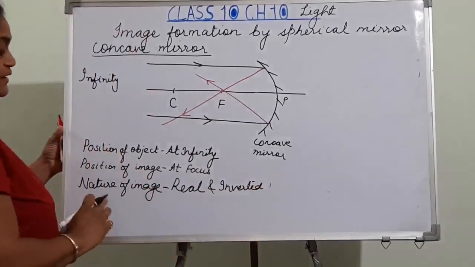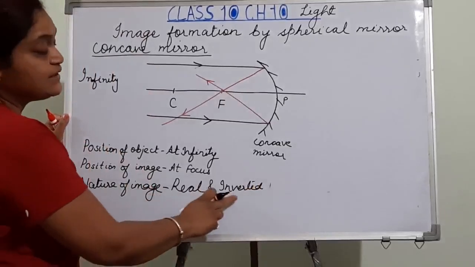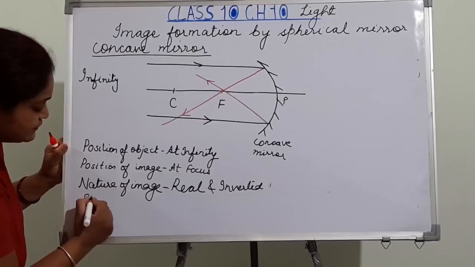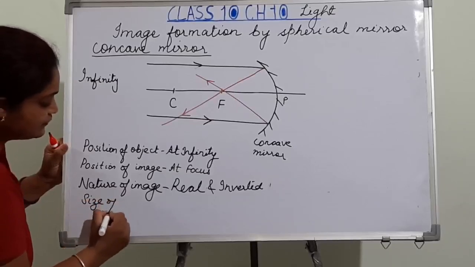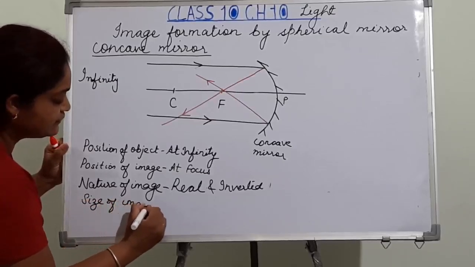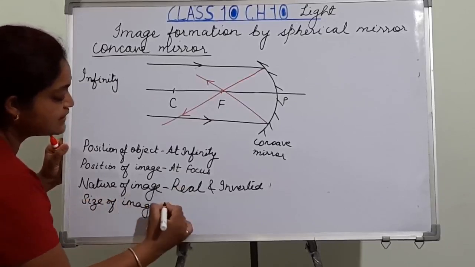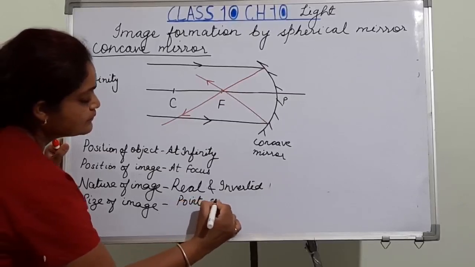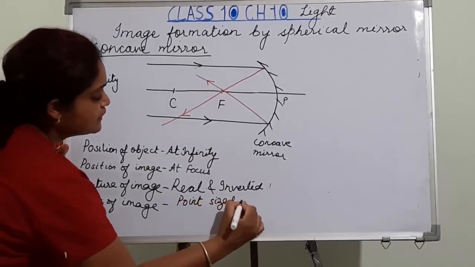What is the nature of image? It is real and it is inverted. Next is size of image. What is the size of image over here? It is point sized or diminished.